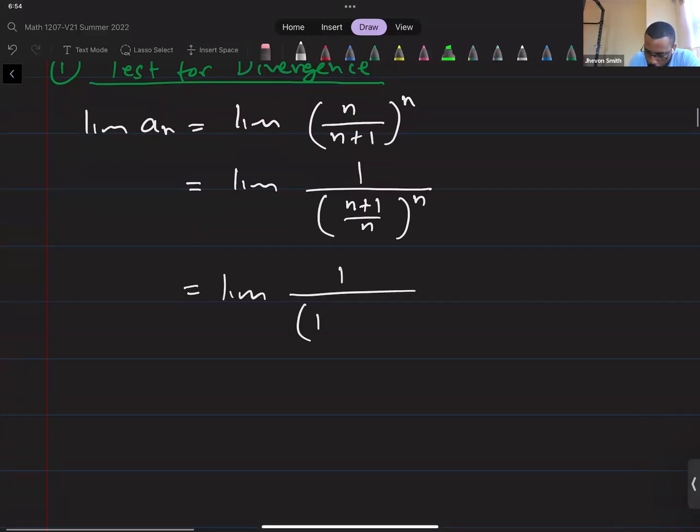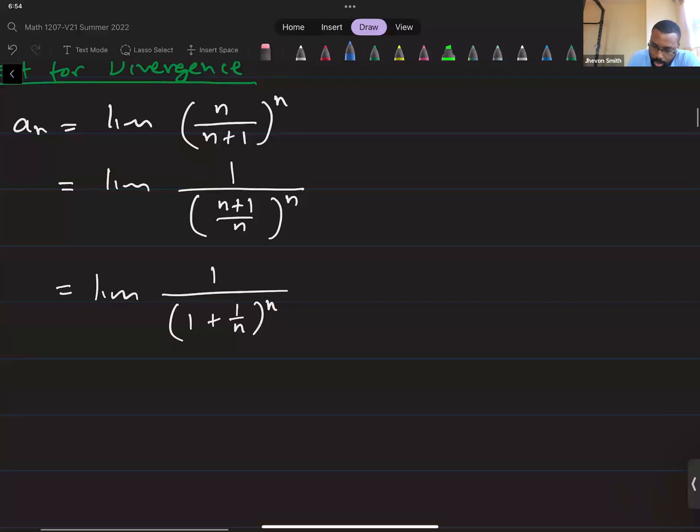simplifies to 1 plus 1 over n to the n. And that should actually remind you of something. This is something that you can use. We know that e is defined to be the limit of 1 plus 1 over n to the n. By definition, that's a definition.